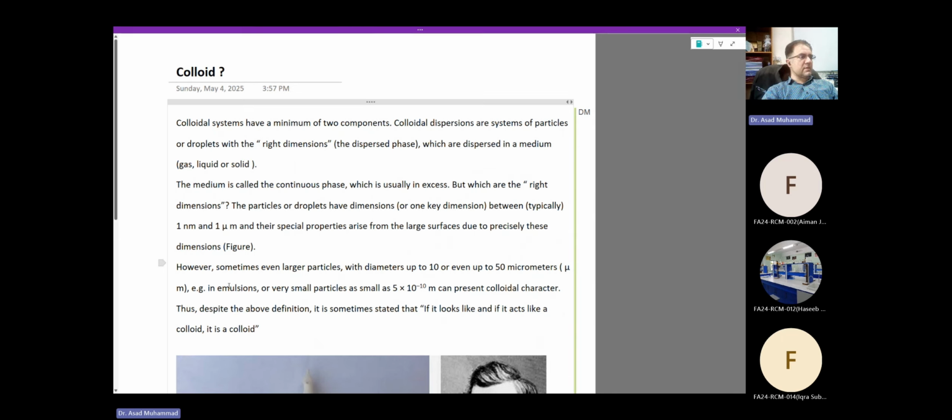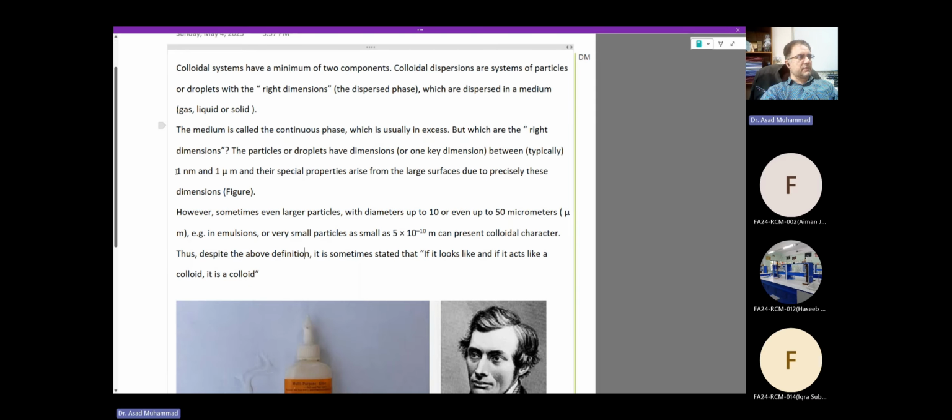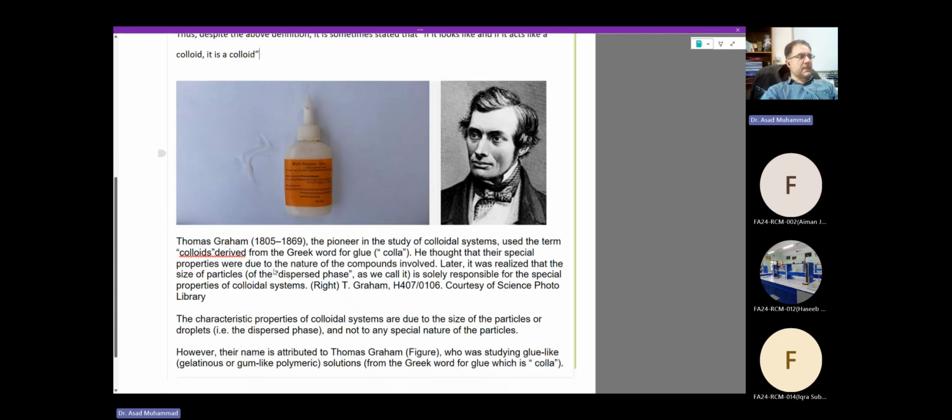Thus, despite the above definition, that is the definition of size of 1 nanometer to 1 micrometer, if something looks and acts like a colloid, then it will be a colloid. So this is what I was talking about, that although we refer to a size domain, if something behaves like a colloid, that is, it shows the colloidal phenomena, then it will still be called a colloidal material. ठीक है ना?